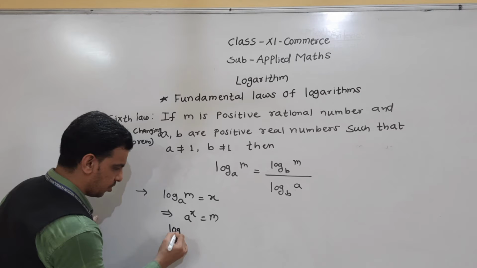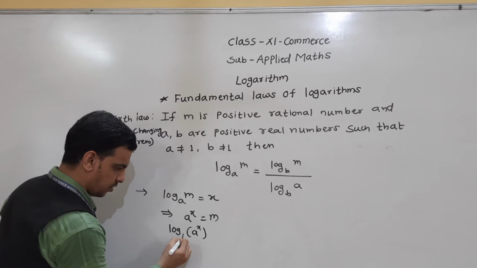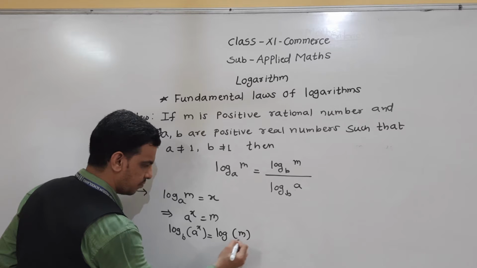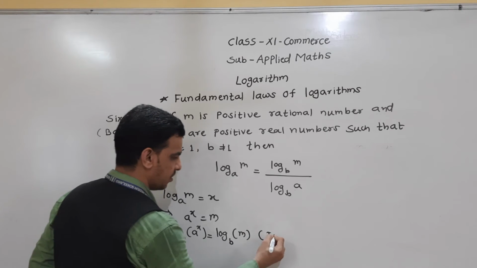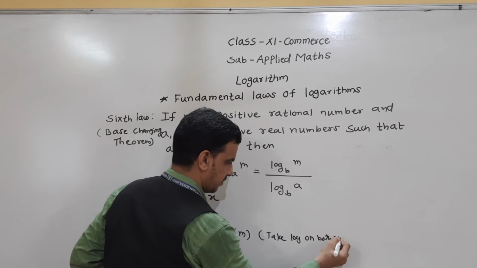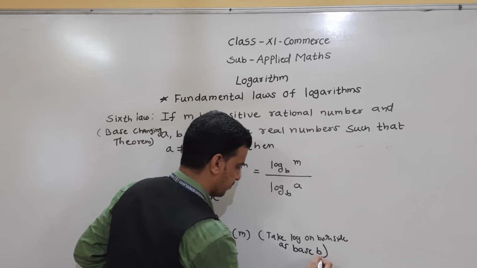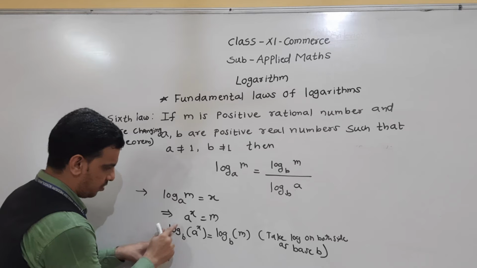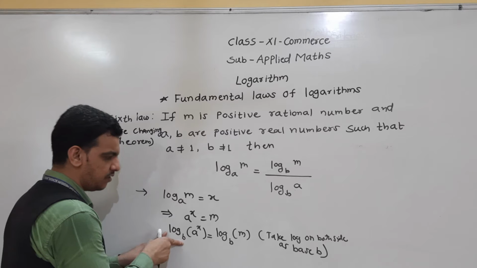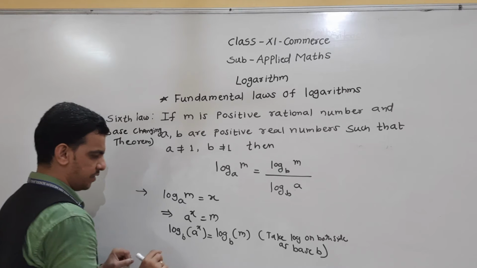So if we take log on both sides, log of a raised to x to the base b is equal to log of m to the base b.